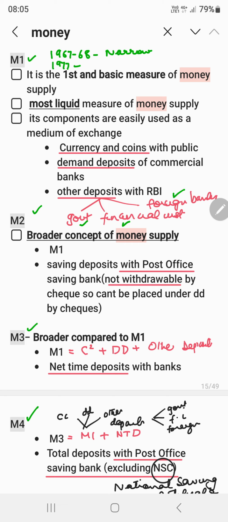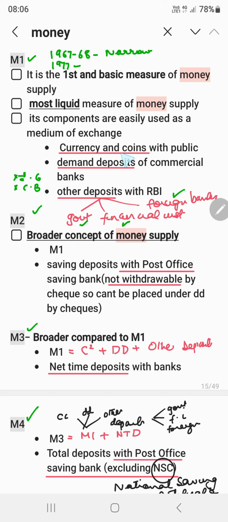Please remember, it does not include two things. It does not include the deposits of Indian government, and it also does not include the deposits of commercial banks with the RBI, although it is a very small proportion of M1.